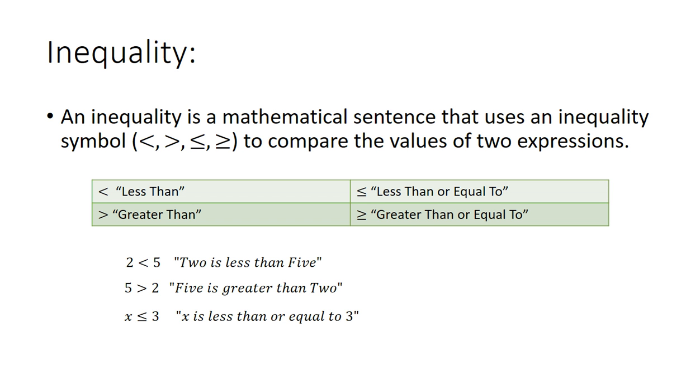Notice how there's a bar underneath the inequality, so when we have less than or equal to, we have a bar underneath, and that's how you would represent it using symbols and in words. And then next we have 3 is greater than or equal to x. Once again, we have a bar underneath the inequality, and that's how you would represent it using symbols and words.